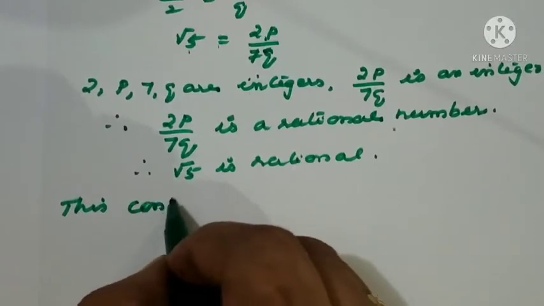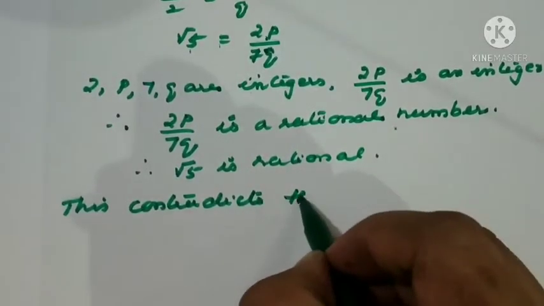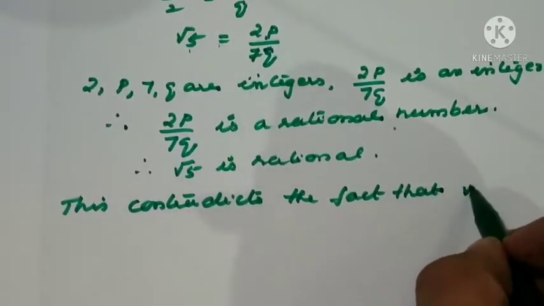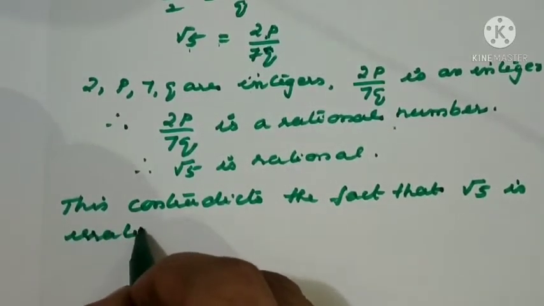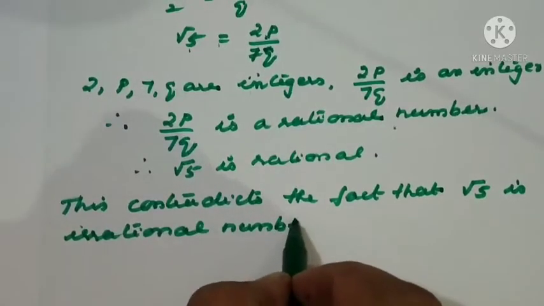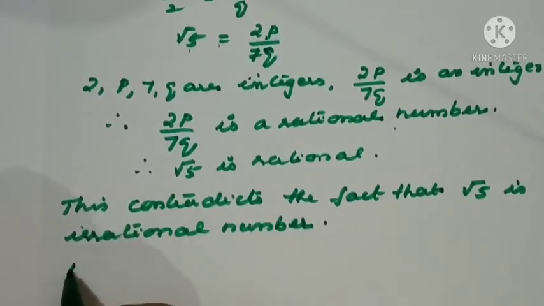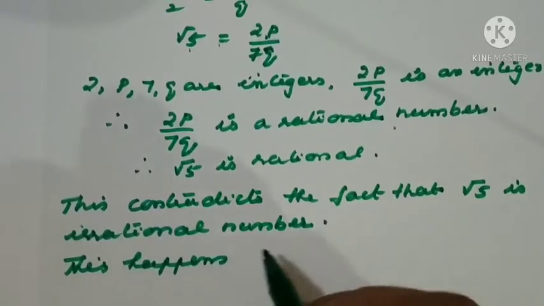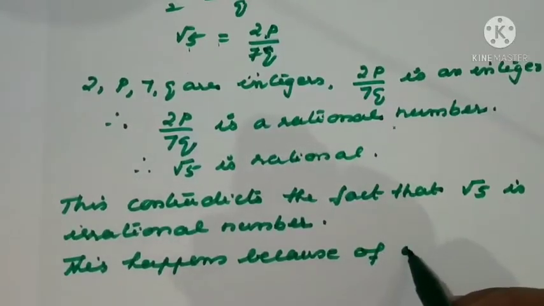This contradicts the fact that root 5 is an irrational number. This happens because our assumption is wrong.